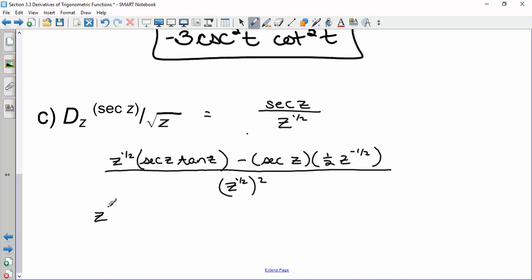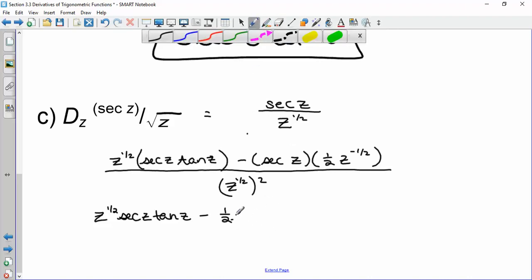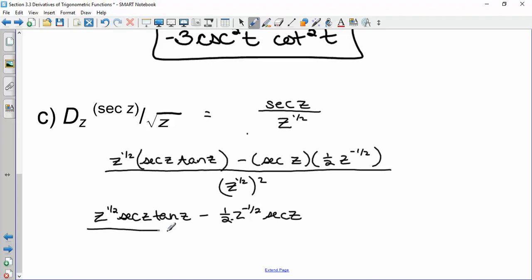So you have z to the 1/2 secant of z tangent of z minus 1/2 z to the negative 1/2 secant of z, over z.